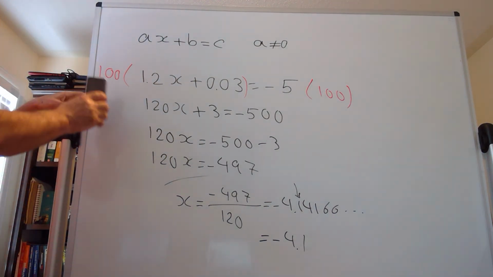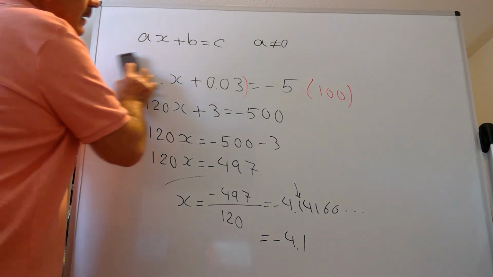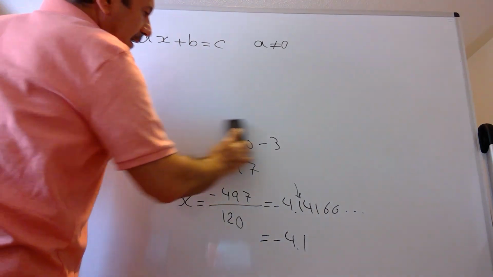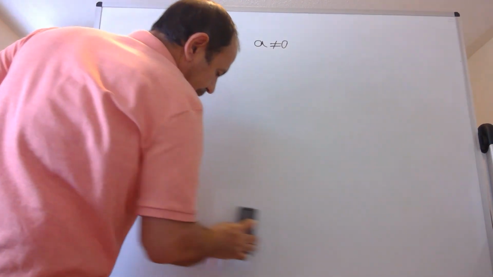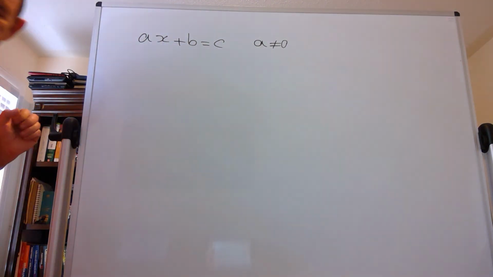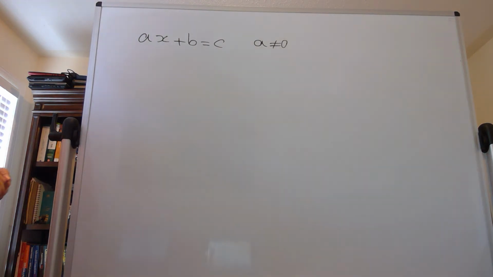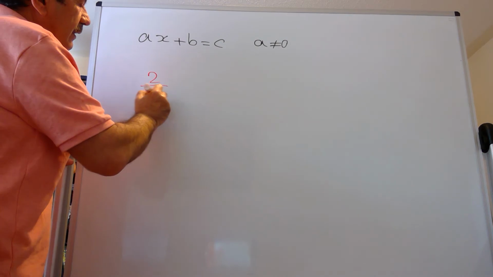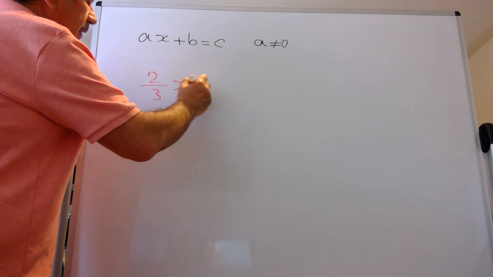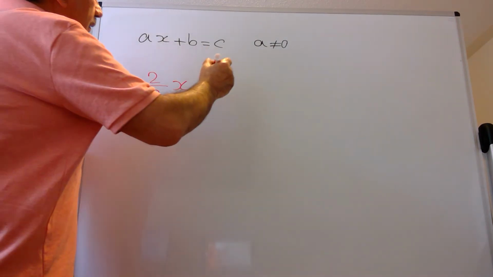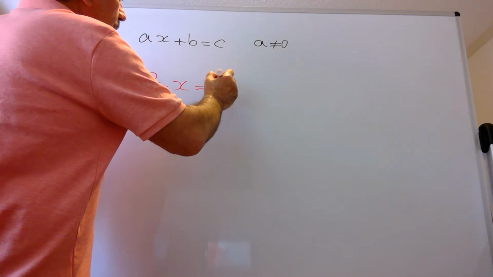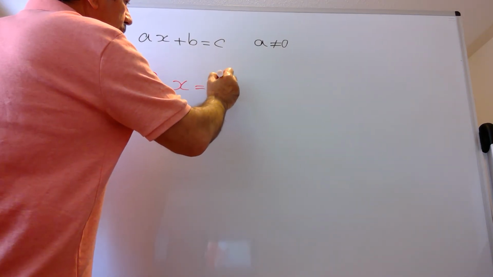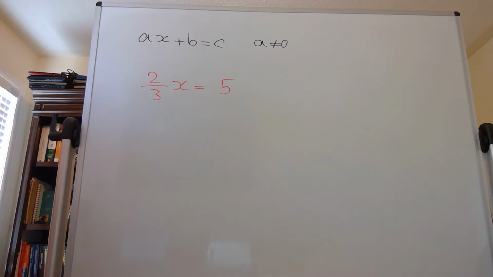There is one other format that again makes it easier. When we end up with 2 over 3x is equal to, as an example, 5, how can we solve this one?